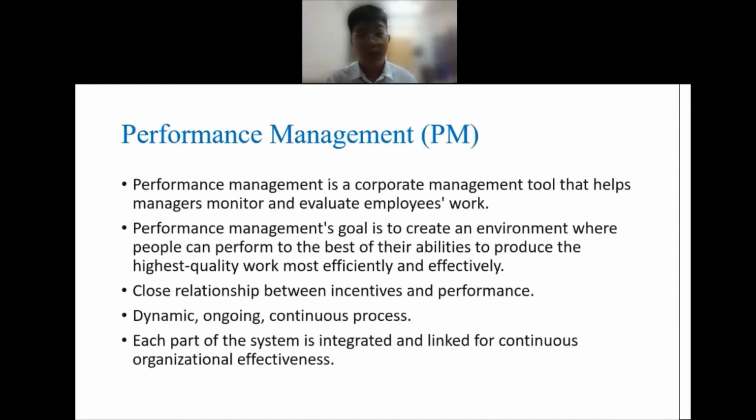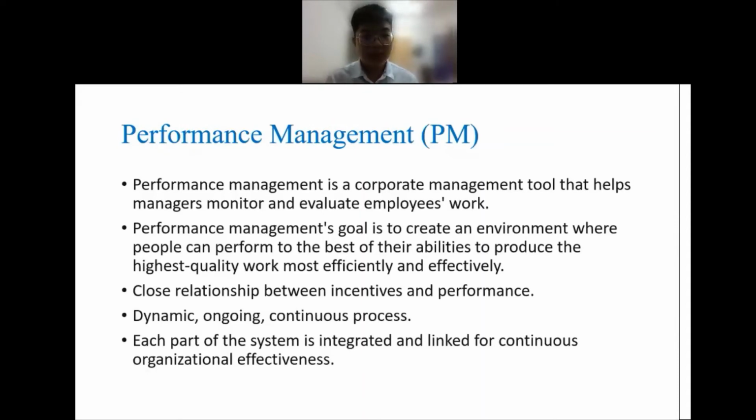What is performance management? Performance management is a corporate management tool that helps managers monitor and evaluate employees' work. Performance management aims to create an environment where people can perform to the best of their abilities and produce the highest quality work most efficiently and effectively. There is a close relationship between incentive and performance.